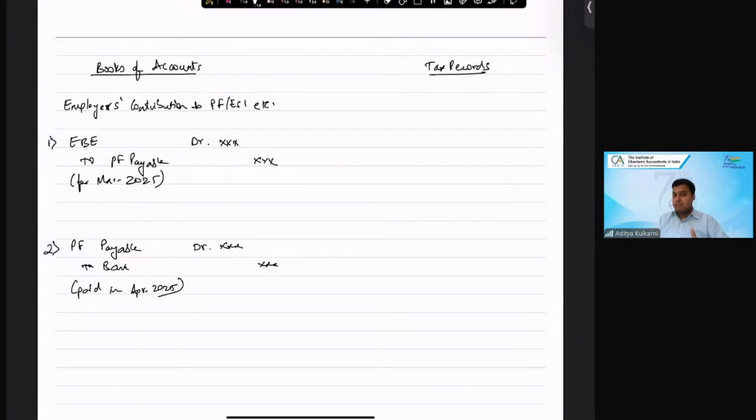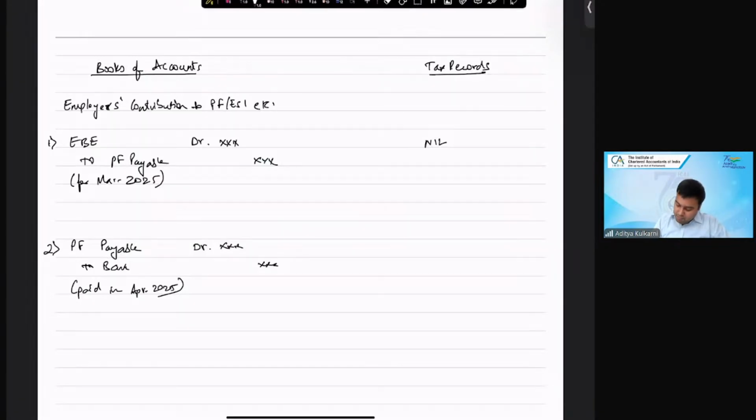But the tax department tells, look, I will not create a liability for this because these expenses are allowed on a payment basis only. Yes or no? So, tax department will not record any expense for this when it accrues.